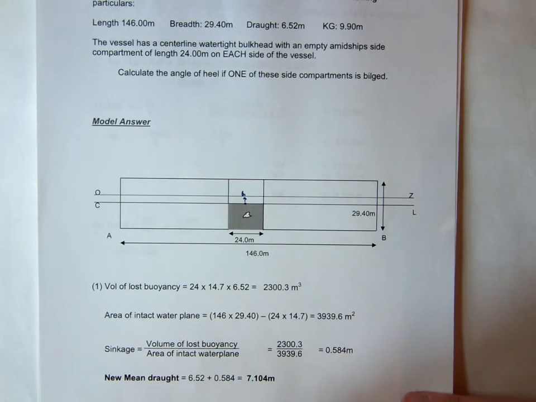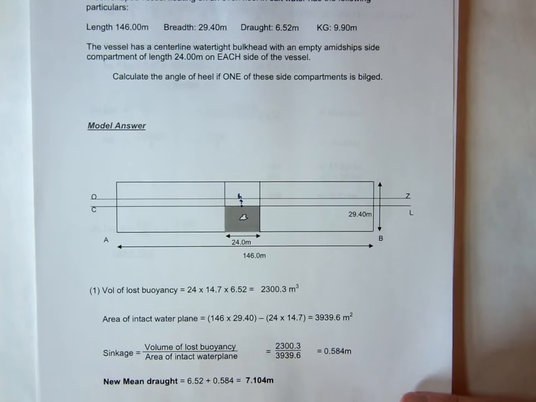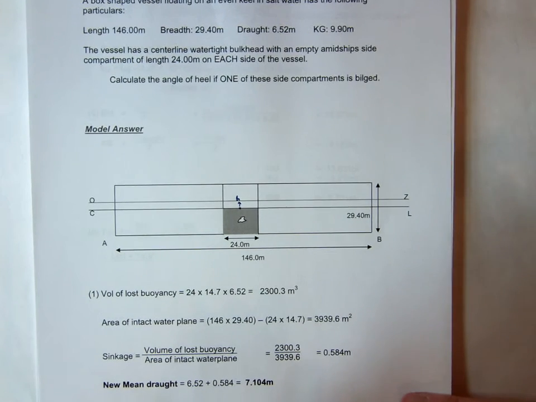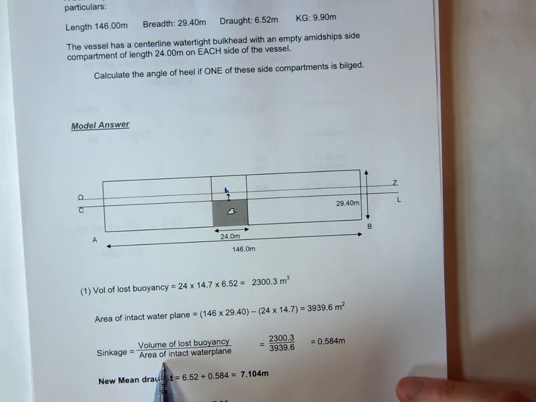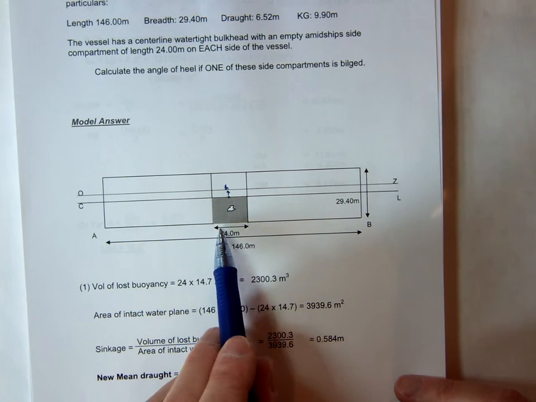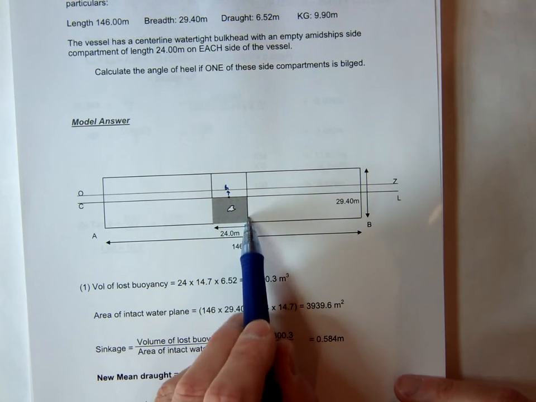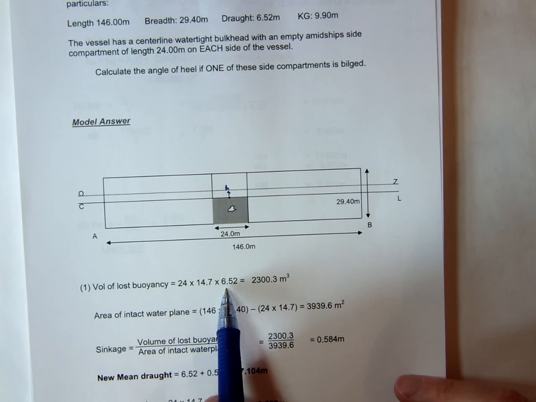So as always with these bilging problems, you should always work out the new mean draft. Every time, it doesn't matter where you bilge, let's get the new mean draft, which is the volume of lost buoyancy over the area of intact water plane. Well, the volume of lost buoyancy is 24 times 14.7, which is half of 29.4, times the 6.52, which is the draft.